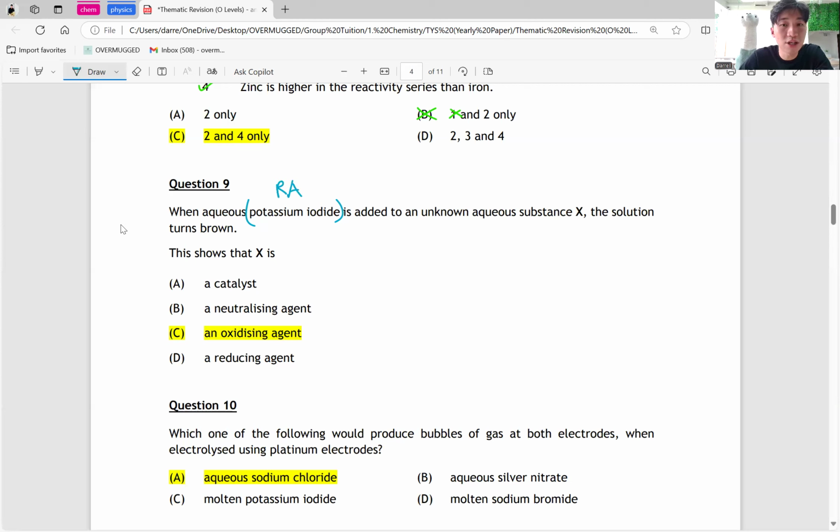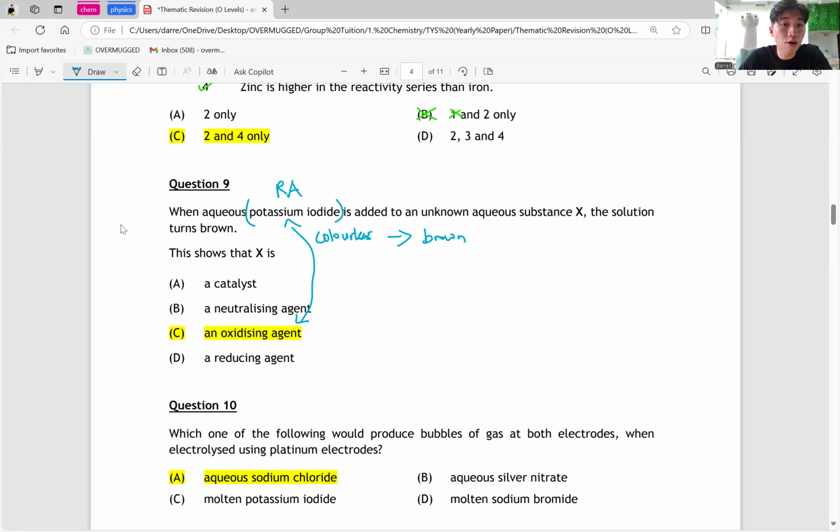And this reducing agent itself will turn from colorless to brown. And when does it do so? It turns from colorless to brown when the reducing agent undergoes a redox reaction with an oxidizing agent. That's all. So your reducing agent will only be activated when it's paired with an oxidizing agent.